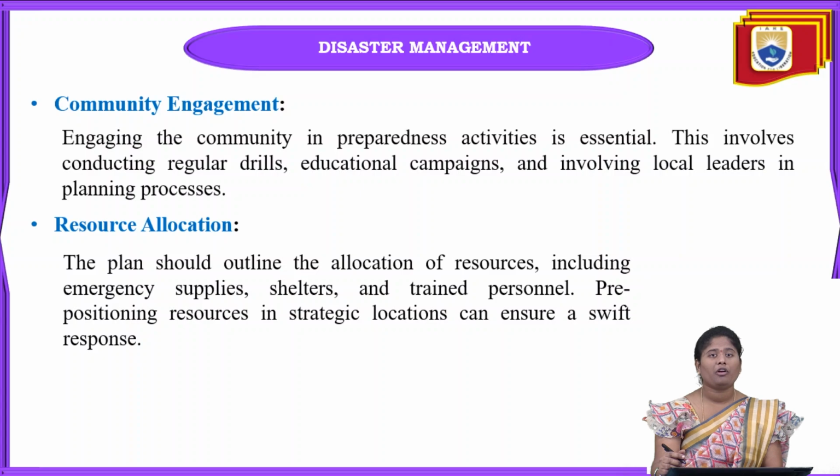Also, pre-positioning resources in some locations can ensure a swift response. Why? Because if that area is suffering from a natural disaster, for almost some weeks they can't get food, drinking water, or any medical facilities. So by providing these basic necessities, we have to be active.